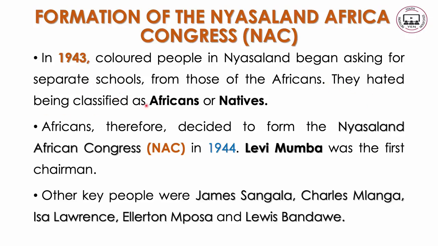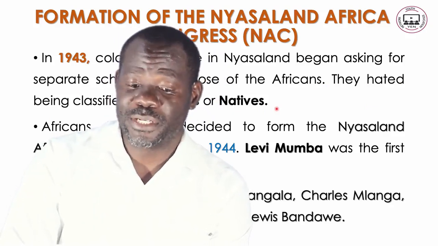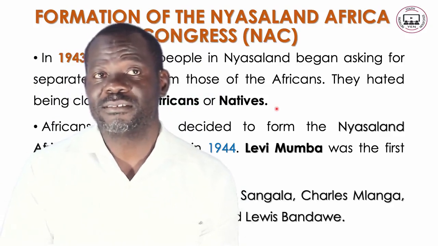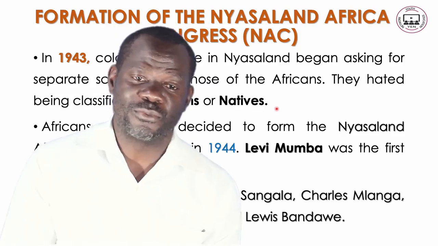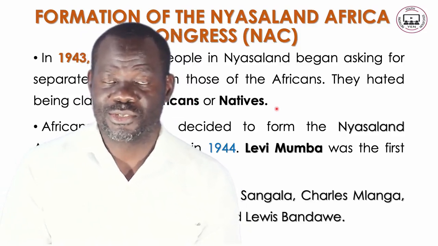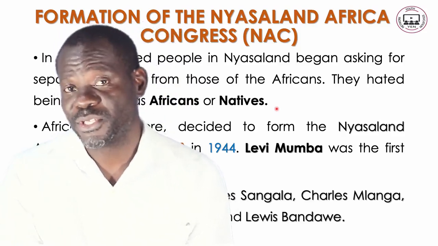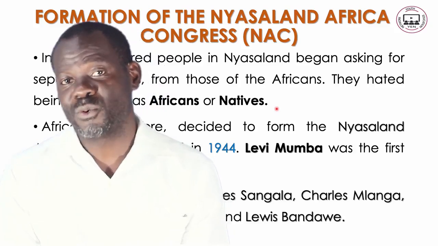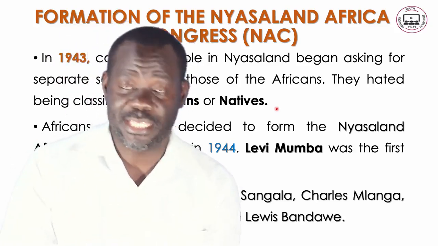They hated being classified as Africans or natives. The colored people are the people who were born out of maybe mixed races. So they hated to be associated with the black people. They were pestering the government to say, give us our own schools. We don't want to learn with these black people. So it started like that.